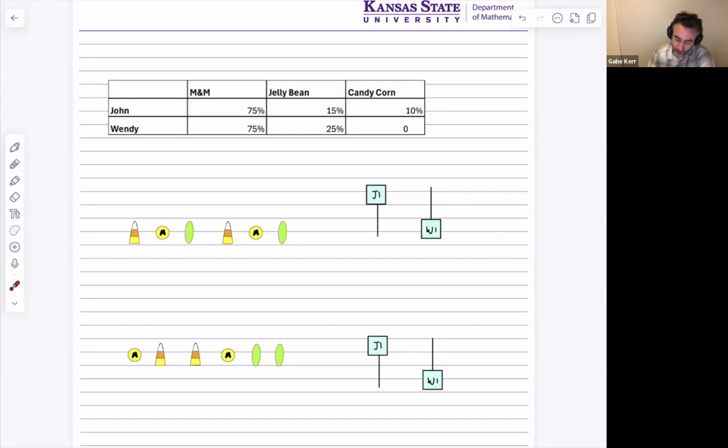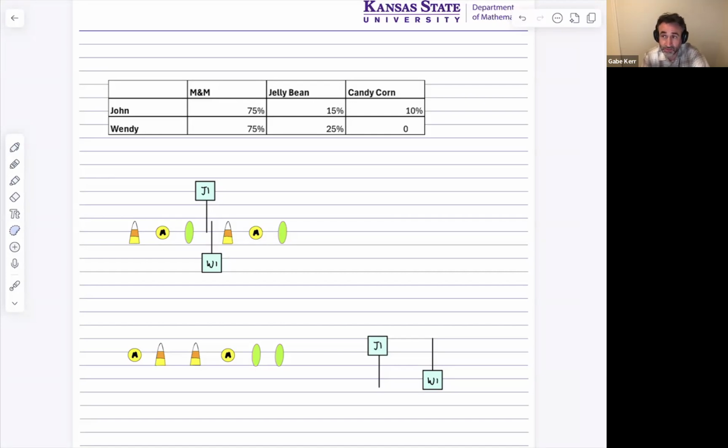Well, I think both of them would very sensibly, in this first lineup, put their markers right here. Because after all, if they're looking for a fair share, this divides those pieces of candy up pretty evenly, right? It's just the same grouping of candy on the left as on the right.